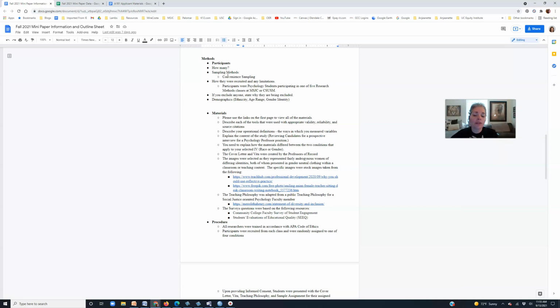Convenient sampling is using individuals who are readily available to you. In this case, the sample consisted of students who were enrolled in research methods across 5 separate sections at Mount San Jacinto College in Riverside County, California. Data was aggregated across those 5 subjects and used to analyze the research questions at hand.